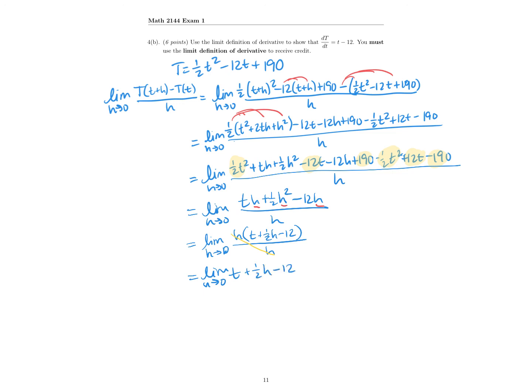And now I no longer have that issue with the h in the denominator. So at this point, I can go ahead and plug in h equals 0. And if I do that, I get t minus 12. And that was the result I was trying to get, that the derivative is equal to t minus 12.